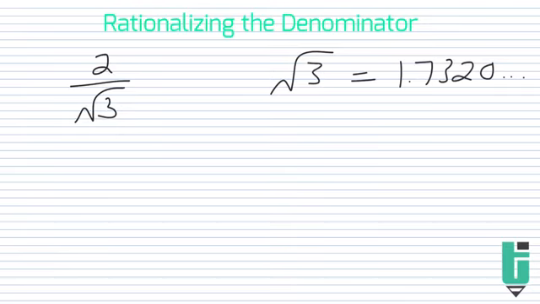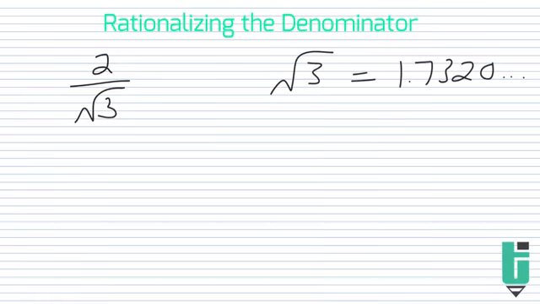And once you get to varsity, if you make the wonderful decision of doing first year varsity, you'll use a technique called proof by contradiction, where you can prove that the square root of 3, or even the square root of 2 or square root of 5, is irrational.